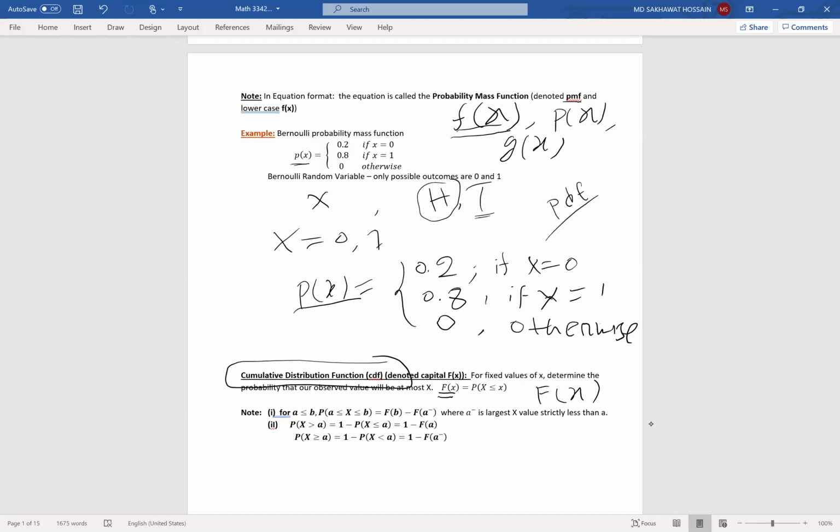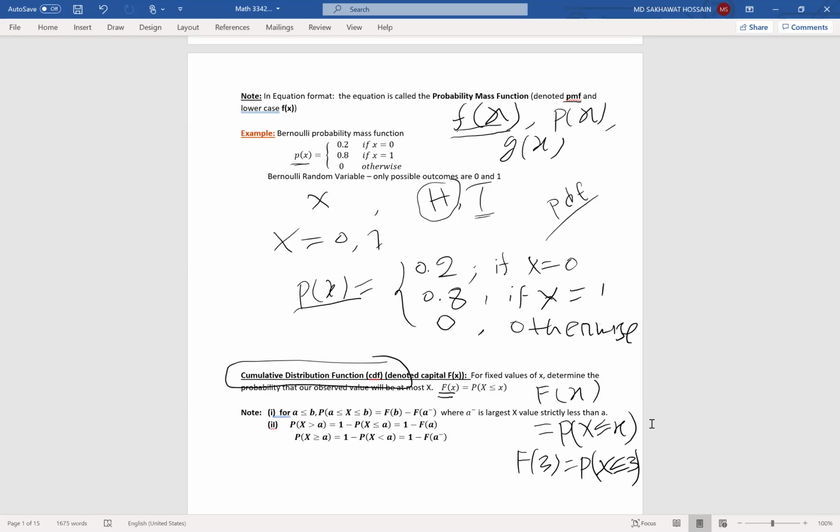And this means F of x is equal to the probability of X less than or equal to x. This is actually cumulative probability. So, for example, if the value of x is 3, then F of 3 means the CDF F at 3 is equal to the probability of X less than or equal to 3. That means we'll add all the probabilities up to the value of x equal to 3.